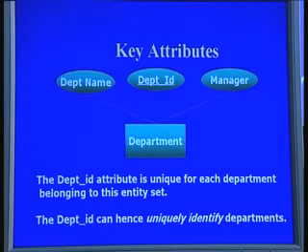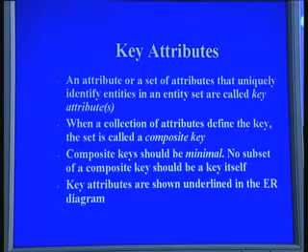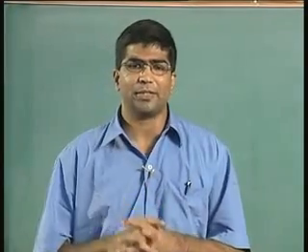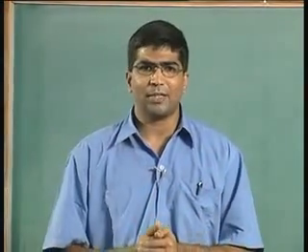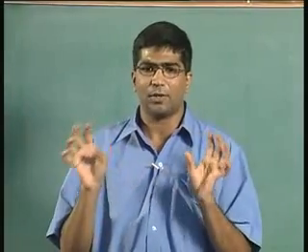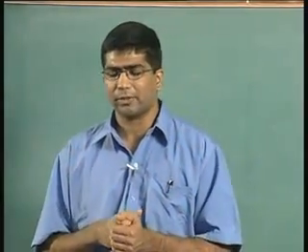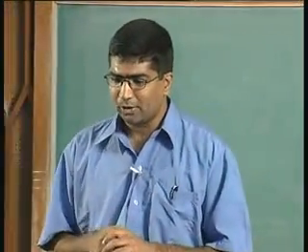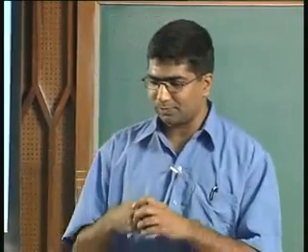Now in some cases it need not always be just one attribute that's the key attribute. There could be more than one attribute which are key attributes, in which case all attributes which form part of the key are shown underlined. So what is meant by a key attribute?